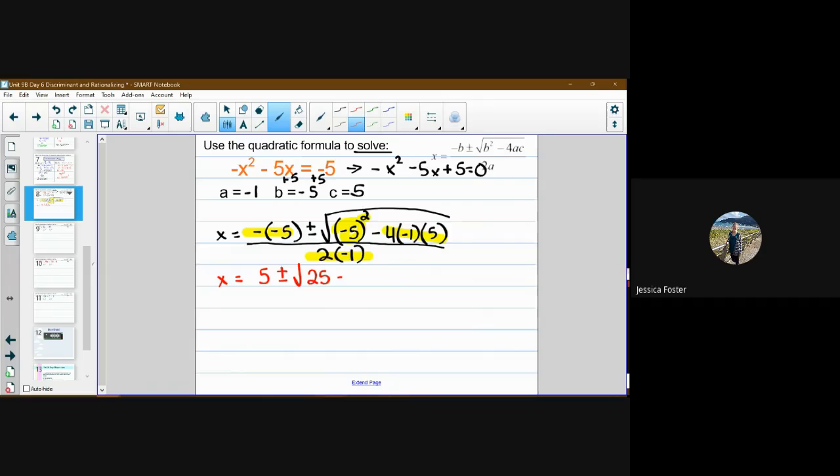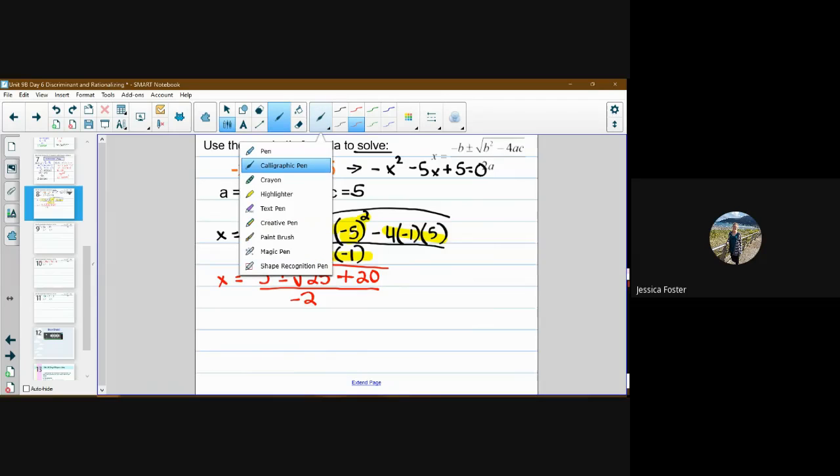We could either go with 4 times -1 is a positive 4 times 5 is a positive 20, or we could think about it as 4 times -1 is a -4, -4 times 5 is a -20, and it would be a double negative here. So I'd have a minus minus, which is actually going to be the same as a plus. So either way you think about it, just keep track of your negatives and make sure you're getting that sign right. All of that divided by 2 times -1, which is a -2.